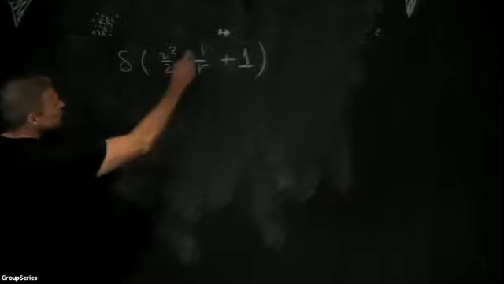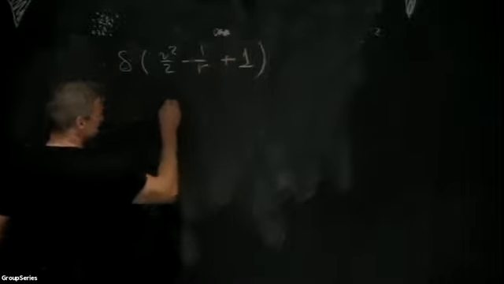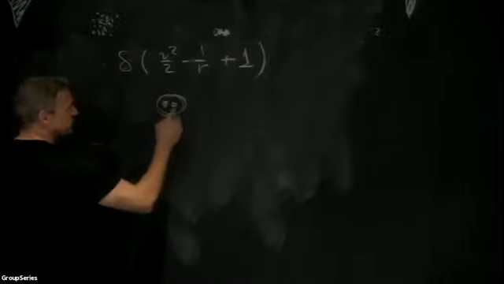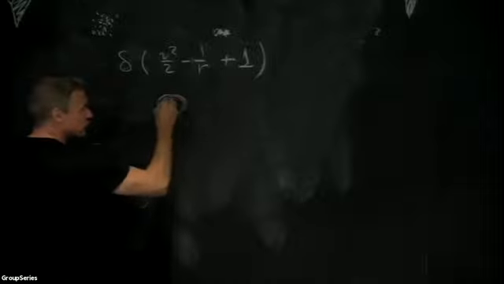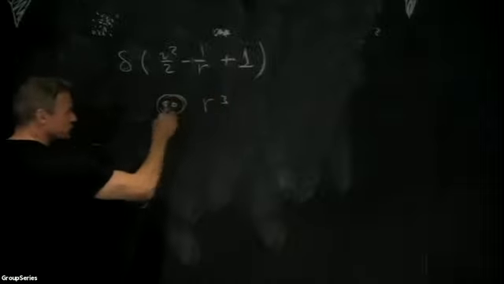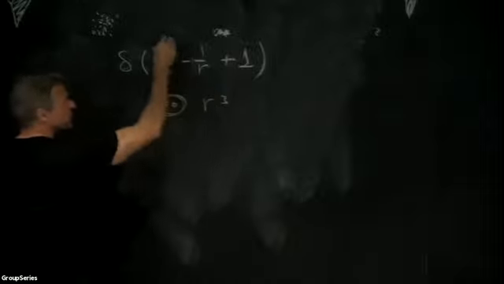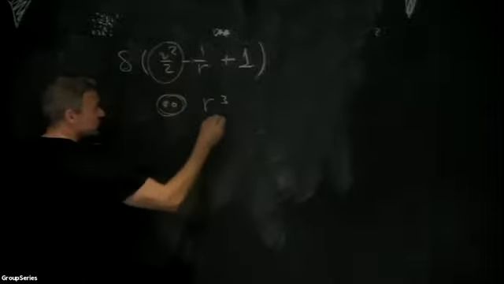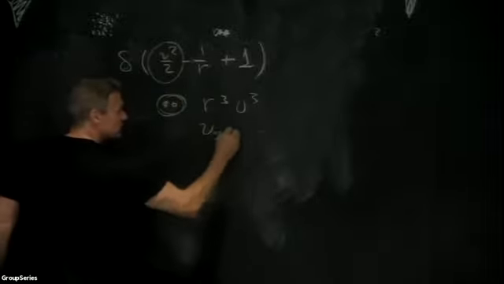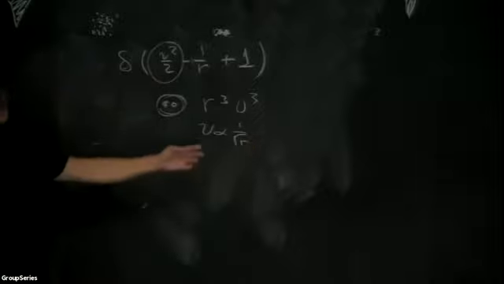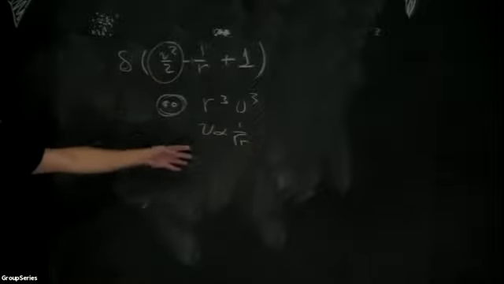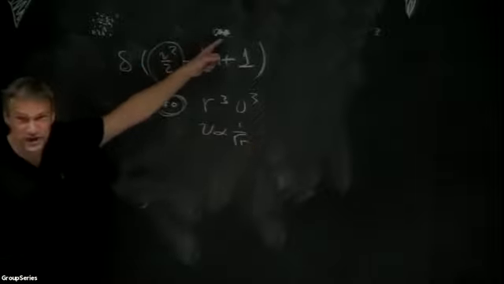Because if I go to small distances, my phase space volume in configuration space goes as R cubed, but my energy there is only 1 over square root, right? And so at small distances, it's okay.